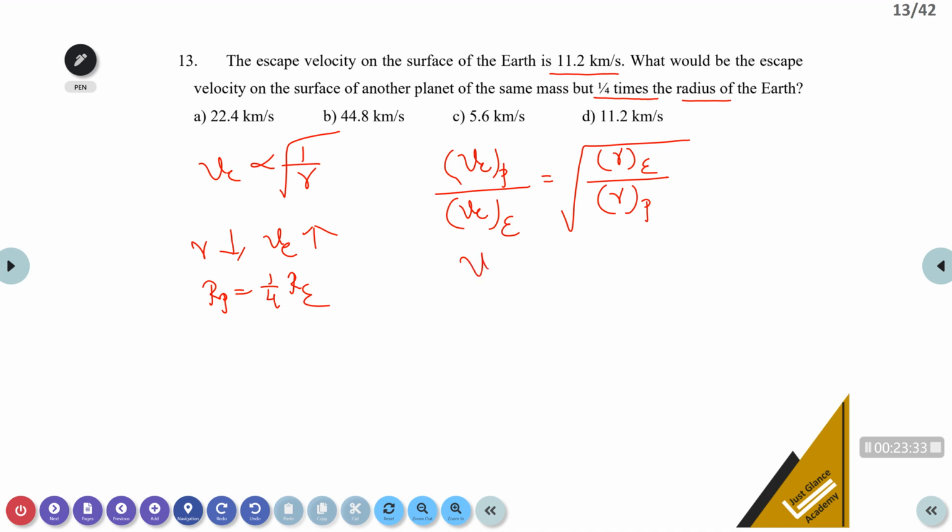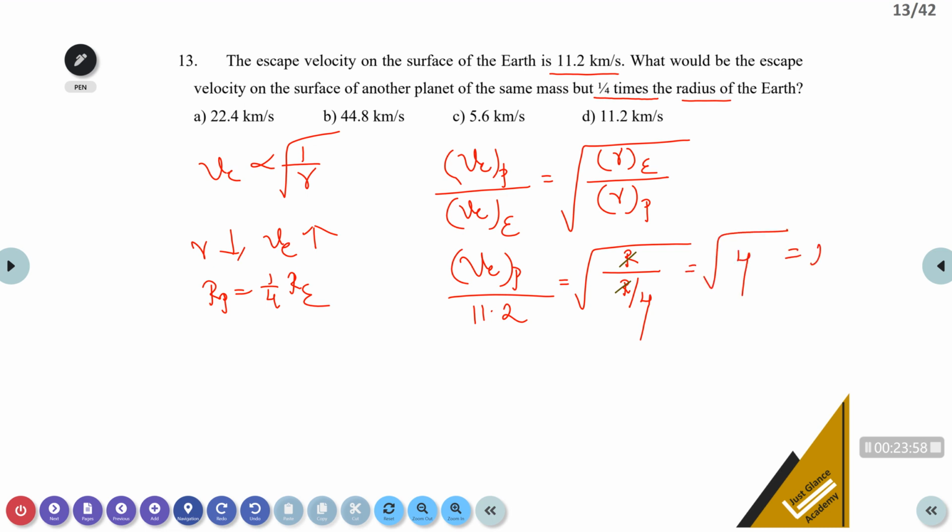Okay. Escape velocity on the planet divided by the escape velocity on the Earth, which is 11.2, equals square root of radius of the Earth, R, and radius of the planet is R divided by 4. So this R gets cancelled, equal to square root of 4, which equals 2. So escape velocity on the planet equals 11.2 into 2, equals 22.4 kilometers per second.